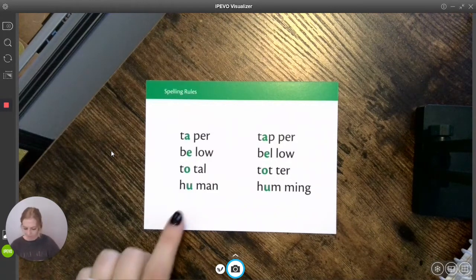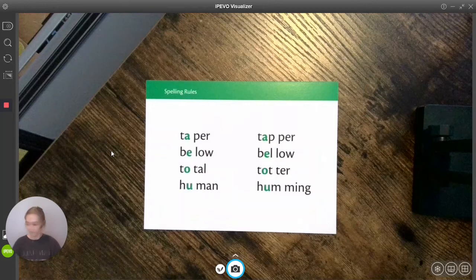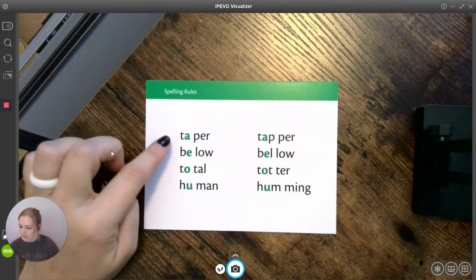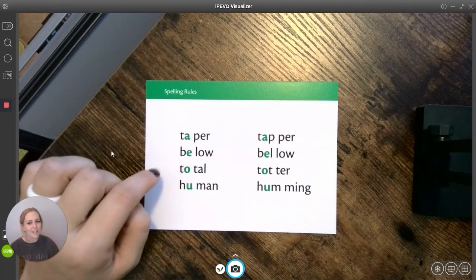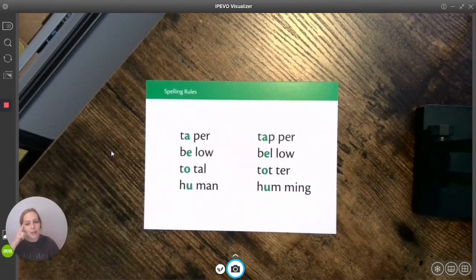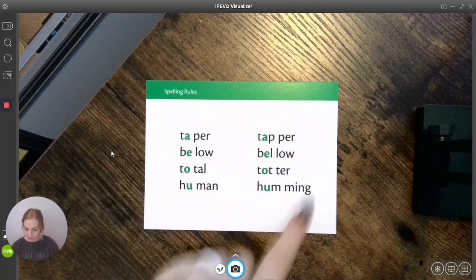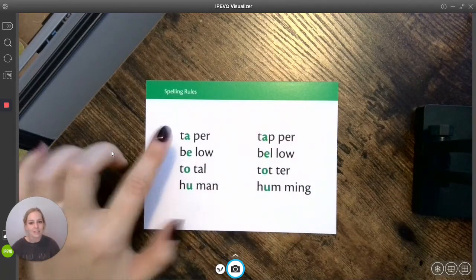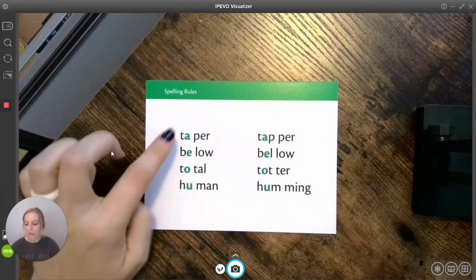All right, let's read them together. And then thinking as we're reading them, what spelling rule does this illustrate? Okay? All right.